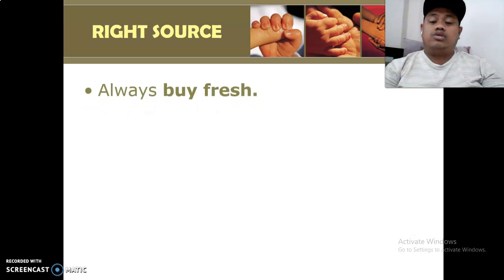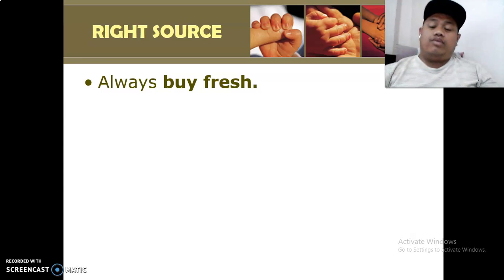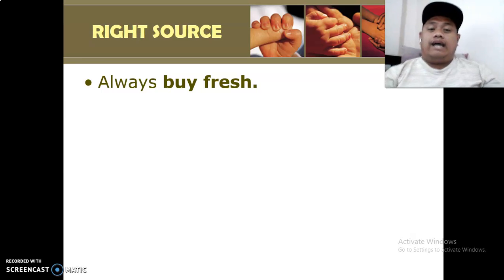First one is the right source. Right source means that we always need to buy fresh. And when we talk about buying fresh, as a consumer, we need to have a keen eye to check for the freshness of the goods that we will be buying, especially for foods that spoil faster, like vegetables, meat products, fish products, and any poultry products.